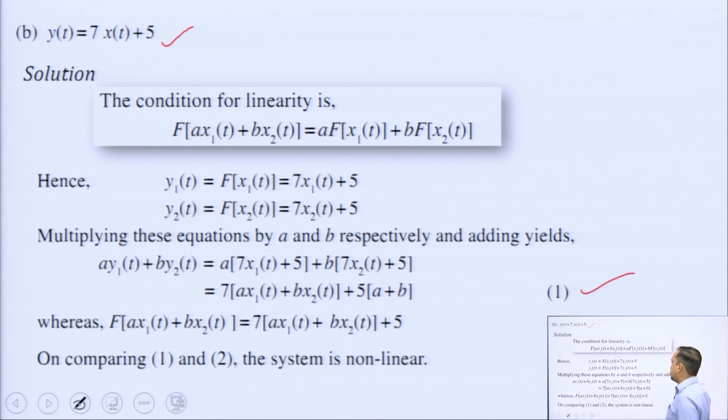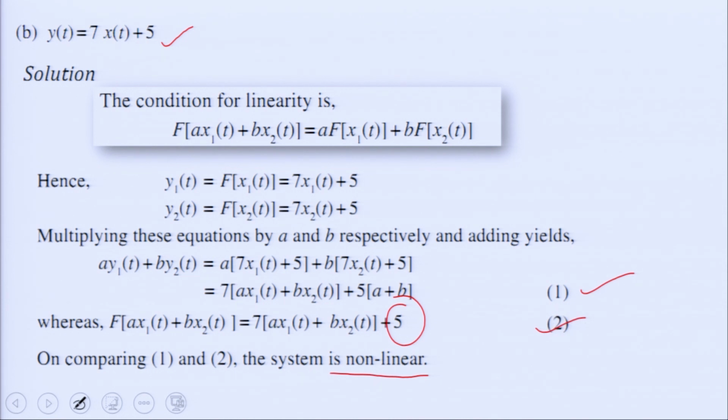So let us say equation number 1, and equation number 2 when we have x1 plus x2 and we are applying directly the system onto that. So both the equations, the constant is a bit different in both the equations, and definitely we can say that the system is said to be non-linear.